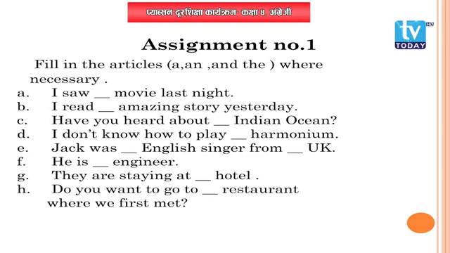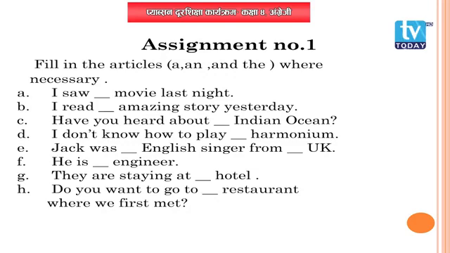Now, the next one is there. Jack was English singer, E sound. Jack was an English singer. The next one, in number F: he is engineer. E sound, vowel sound. So, what do we write there? It's single in number, an engineer.